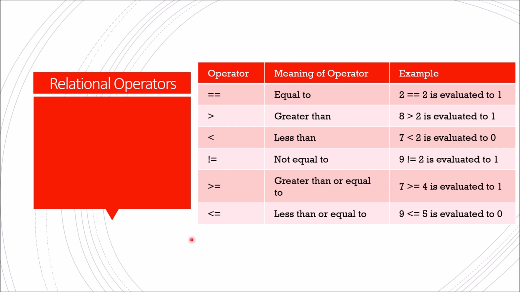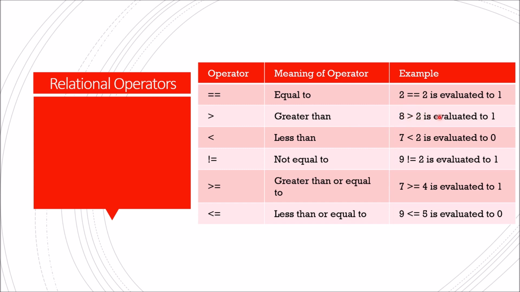There are two possible values for a statement. For instance, it may be either true or false. When it's true, it's represented with a numeric value of 1, and when it's false, it will be represented with a value of 0. So let's see the next expression. 8 is greater than 2.